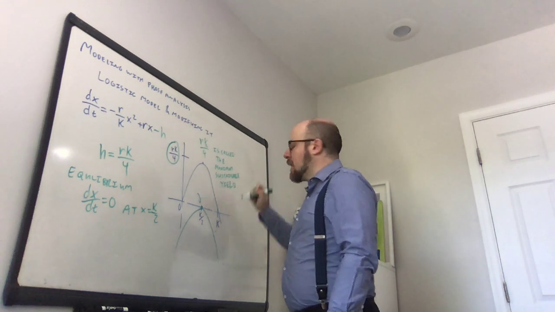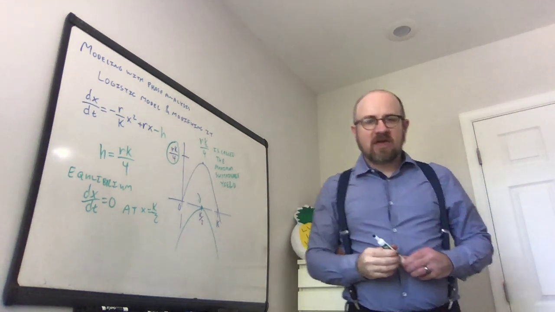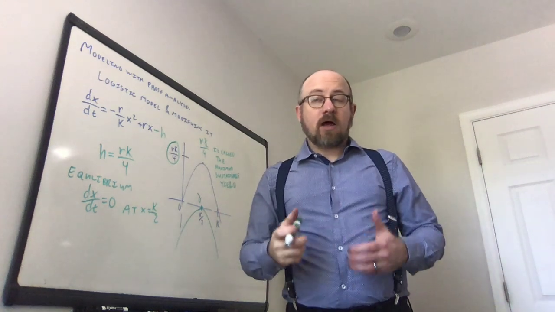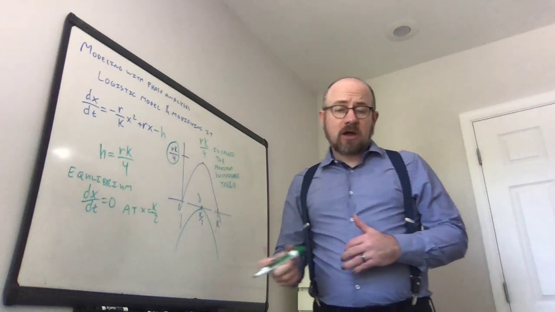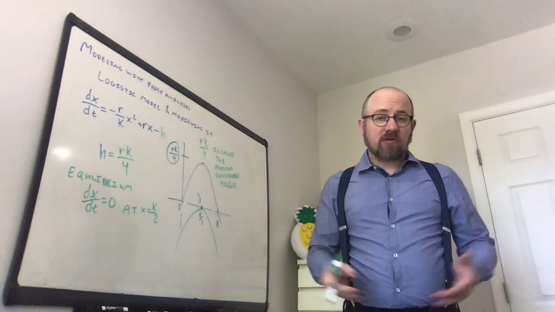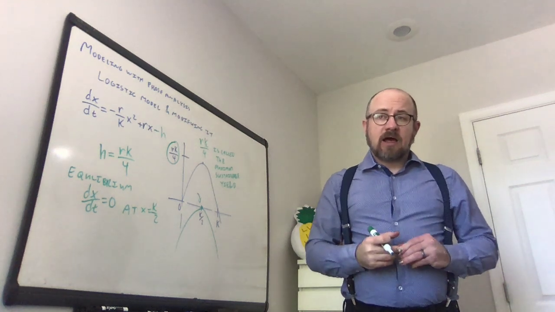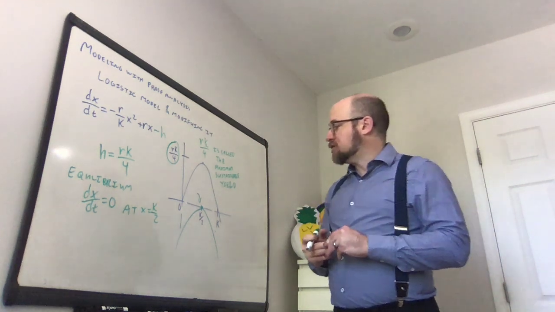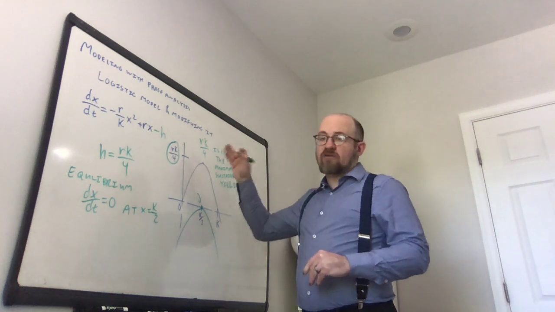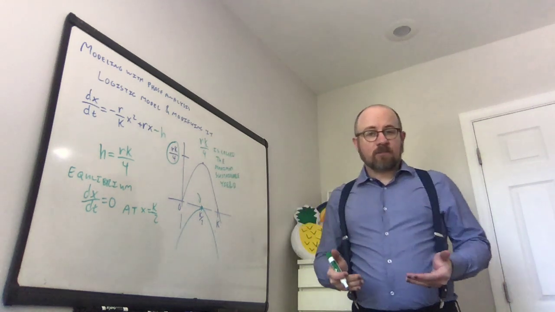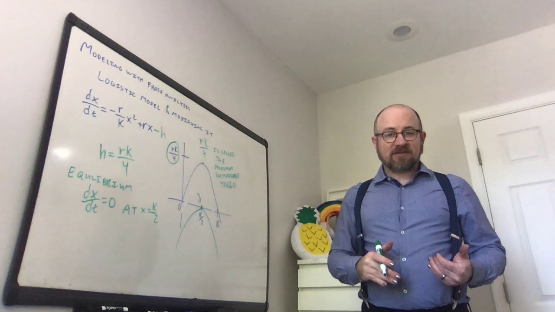If you're thinking about your population as something that we're hunting, this is used a lot with fish to decide what you can remove without killing off the population entirely. So if this were a population of fish, you could remove rk over 4 every year without the population collapsing.